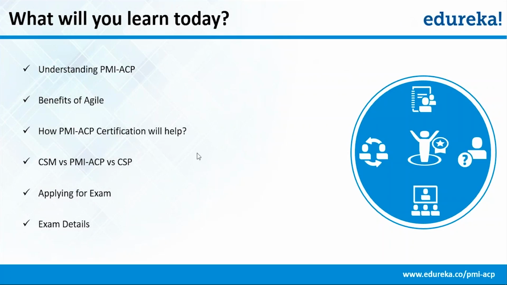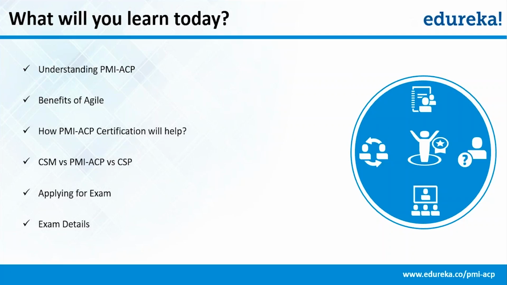Firstly, we are going to look at understanding the PMI-ACP, the fundamentals. Then we are going to look into the benefits of Agile, how it benefits the development community and an individual as such, and how the PMI-ACP certification will help you in the Agile philosophy.